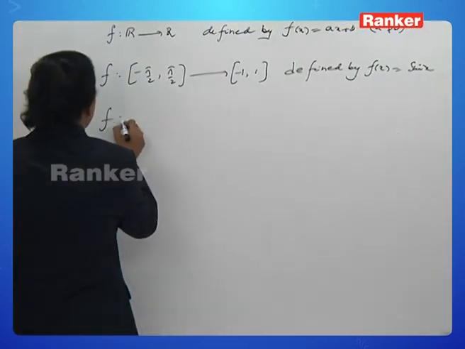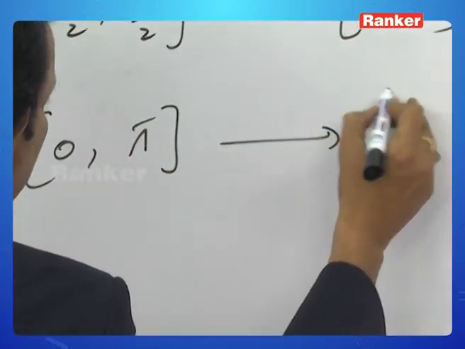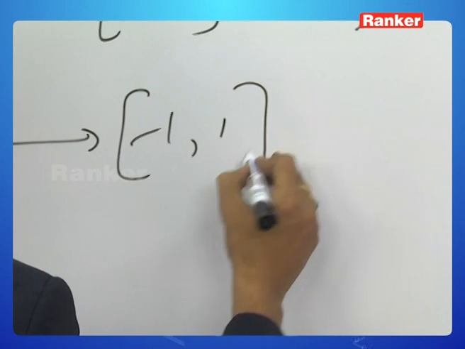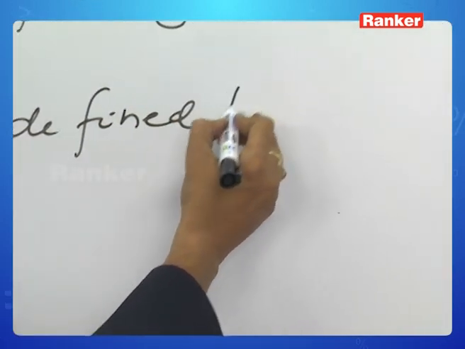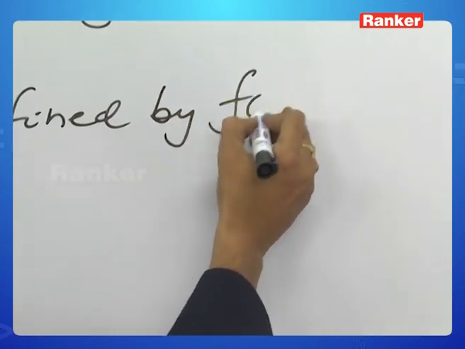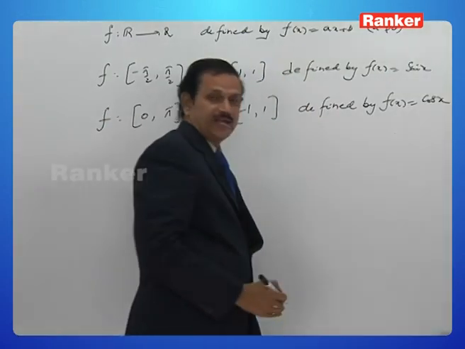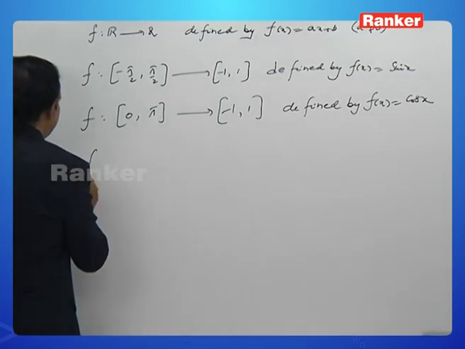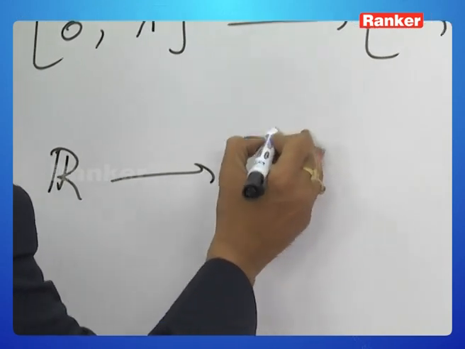Similarly, f from the closed interval 0 to pi to -1 to 1 defined by f(x) = cos x is again another bijection. f from R to R plus, what do you mean by R plus?